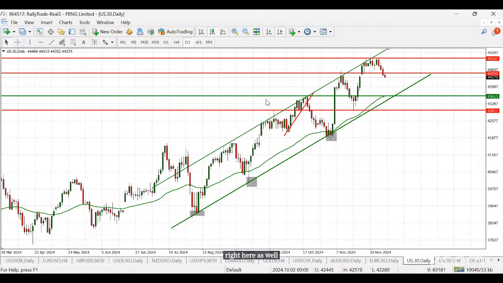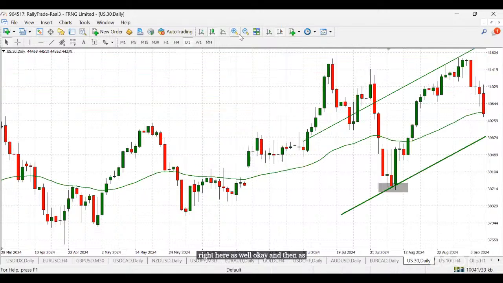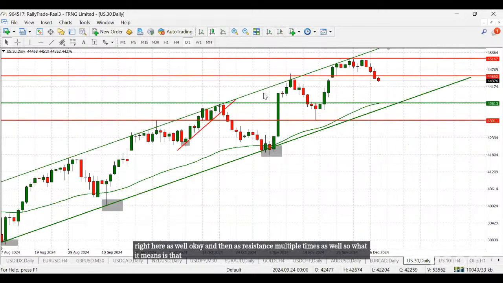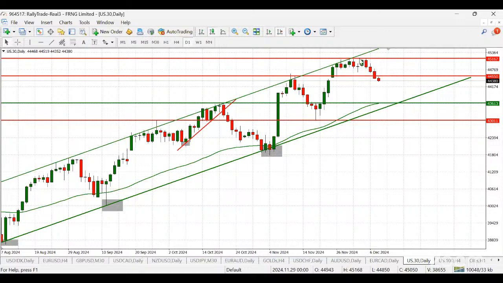And then as resistance multiple times as well. So what it means is that price is still respecting this ascending channel. Recently it tested the upper channel as resistance, and now we're seeing price heading back to the lower trend line as support.